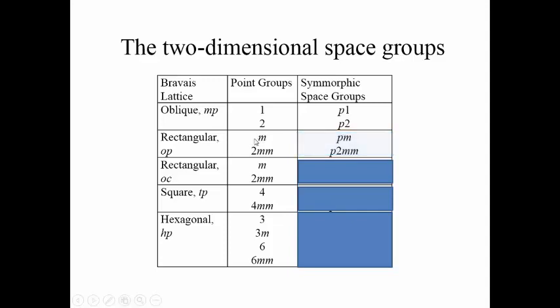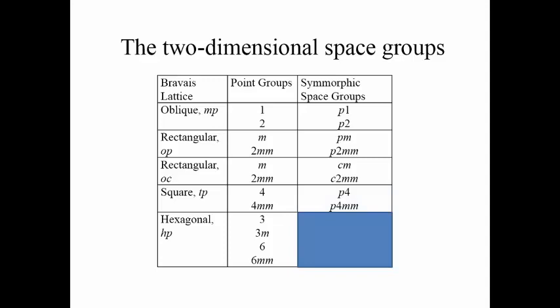Yes, PM and P2MM. Rectangular centered, which is the next one, you do it. What is that going to have? Yes, you do it. Come on, turn this off and then figure it out. It's CM and C2MM. The square is going to be P4M and P4MM.